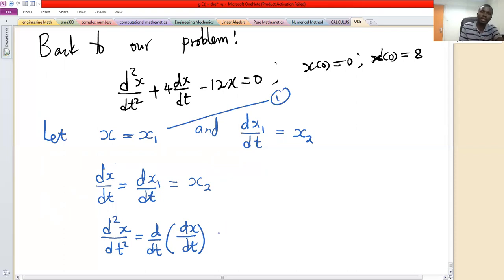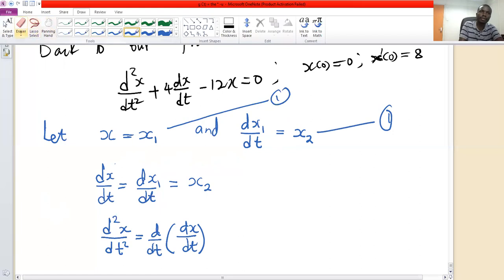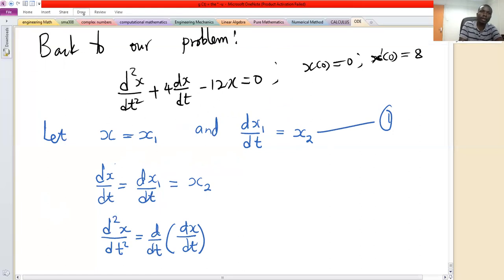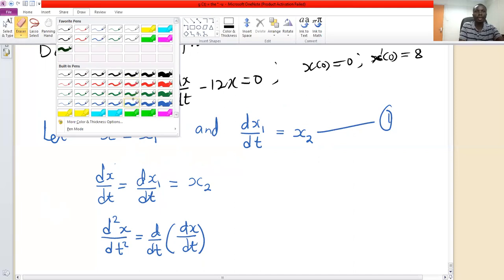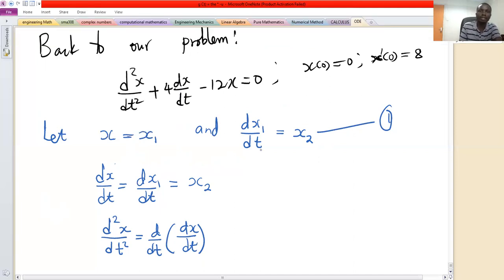So you replace the variable x by x1, and when you differentiate x1, you get the first order derivative dx1 dt, call it x2.